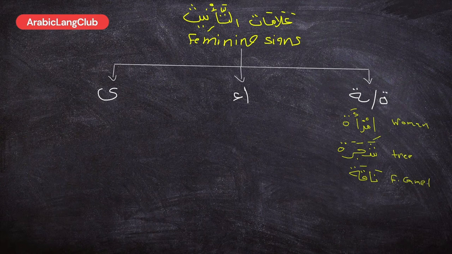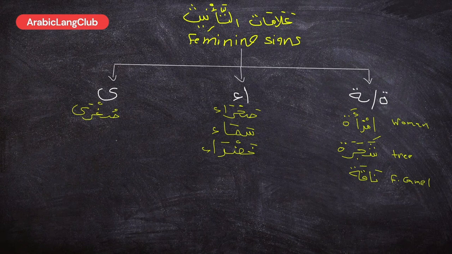It comes with words like sahra, sama, and khadra. As you can see, the sign is always at the end. And the last sign we have is alif maqsoora. It comes with words like sughra and atsha. So, again, the feminine sign always comes at the end.